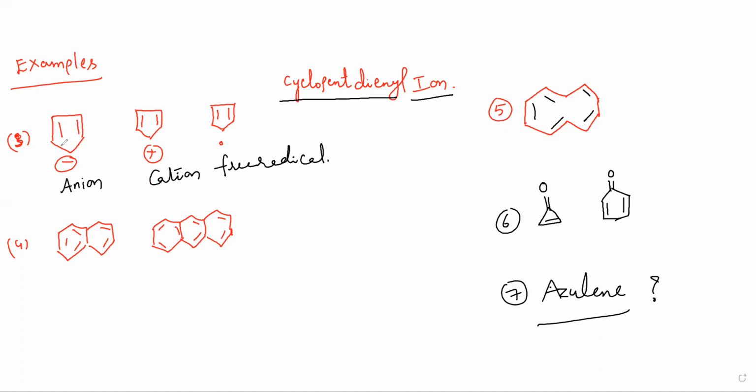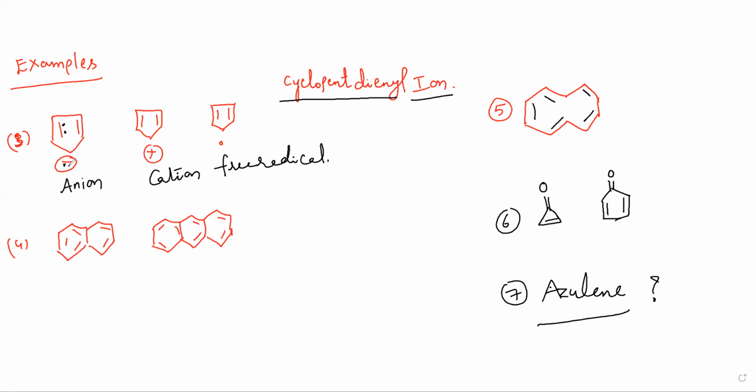If you observe this, it is nothing but the cyclopentadienyl anion. Here, the first condition is that it is cyclic and planar, and whether it is in conjugation or not we can see here. There are two pi bonds, so four electrons.